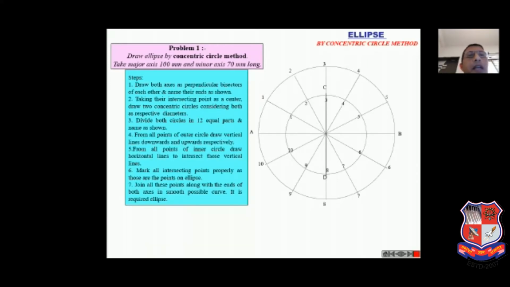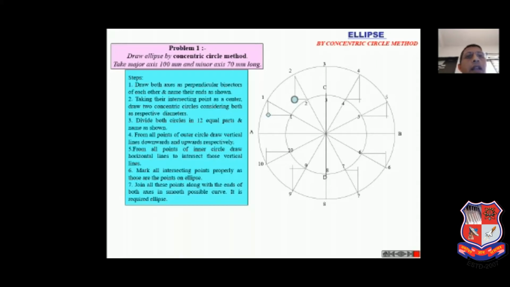From all points of the outer circle, draw vertical lines downwards and upwards respectively. From all points of the inner circle, draw horizontal lines to intersect those vertical lines.